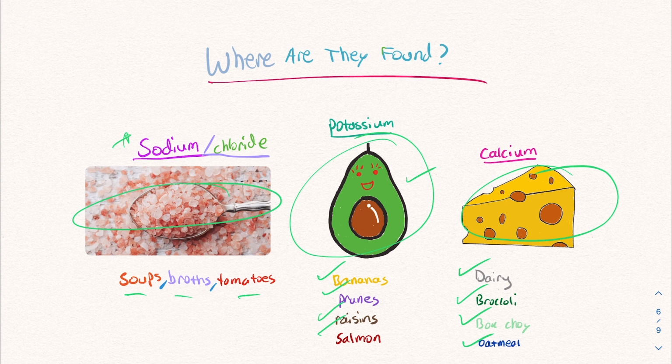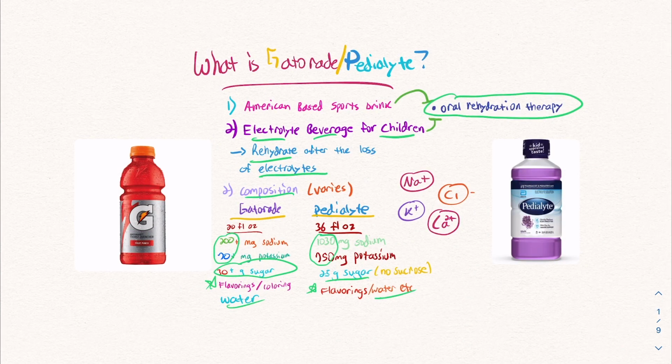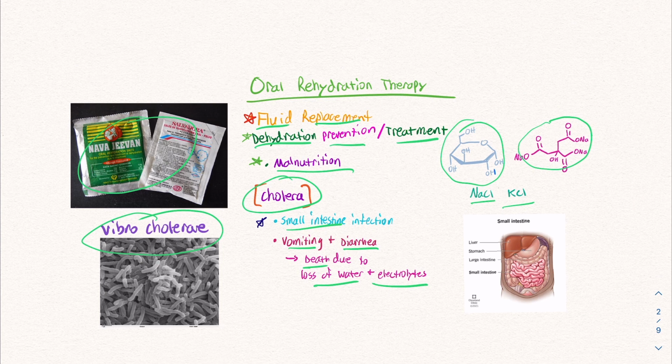So let's go through the summary and refresh on the things we just talked about. So we started out with Gatorade and Pedialyte, these electrolyte beverages that are commercial substitutes for oral rehydration therapy. They have electrolytes, they have a little sugar, and they're meant to rehydrate after loss of water and electrolytes, which is why they have electrolytes in them. Then we spoke about oral rehydration therapy, this fluid replacement for prevention or treatment of dehydration.